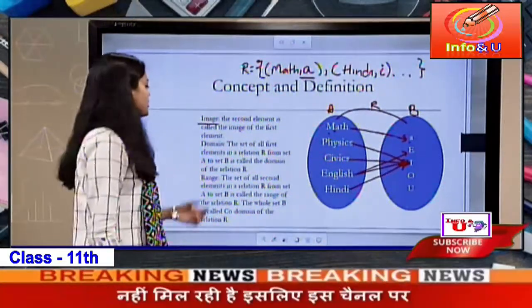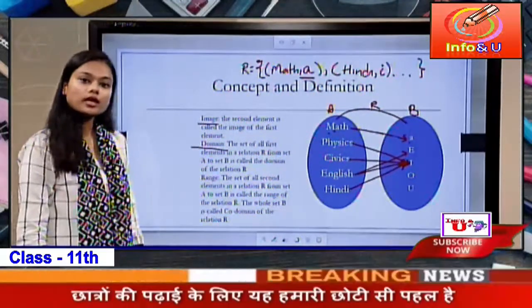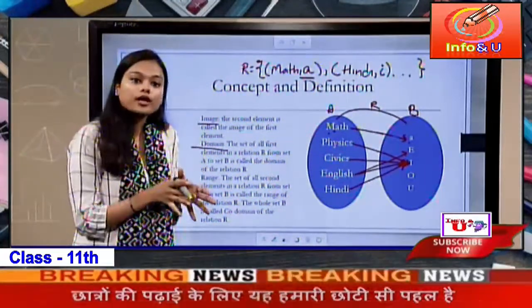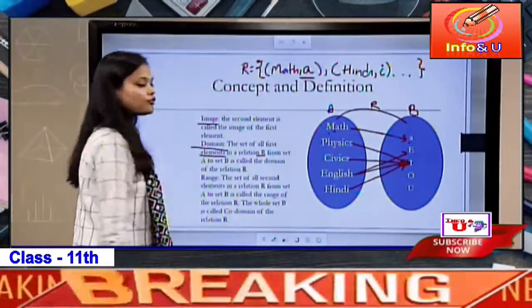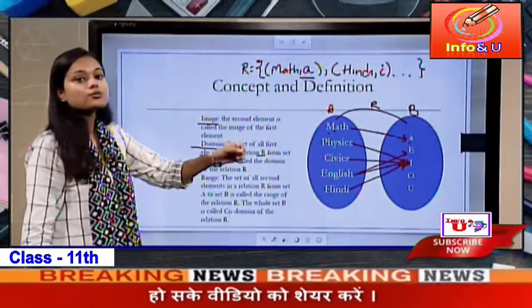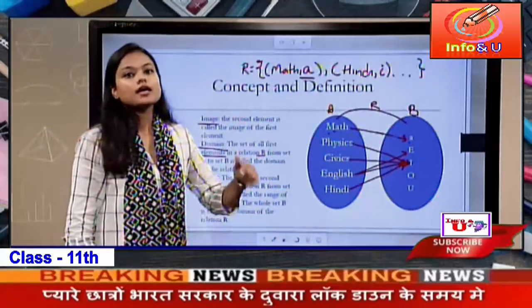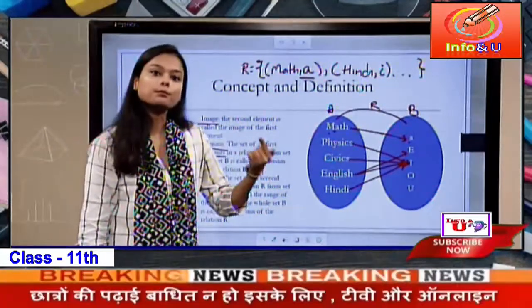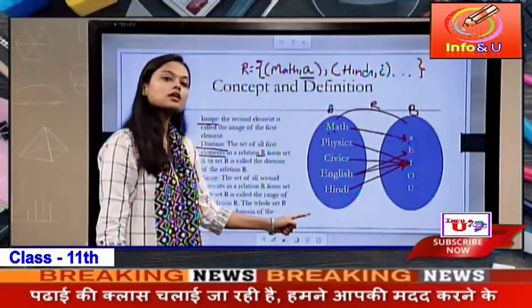Okay. Now, the next term, domain. Domain is the set of all those points, or we can say elements, in the relation R from the set A to B, that means those which have an image in the set B. And how many elements are there which have an image?